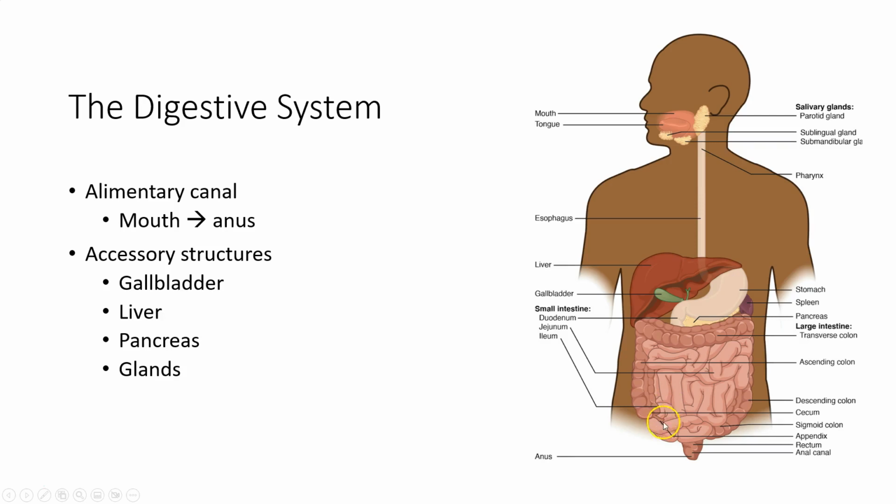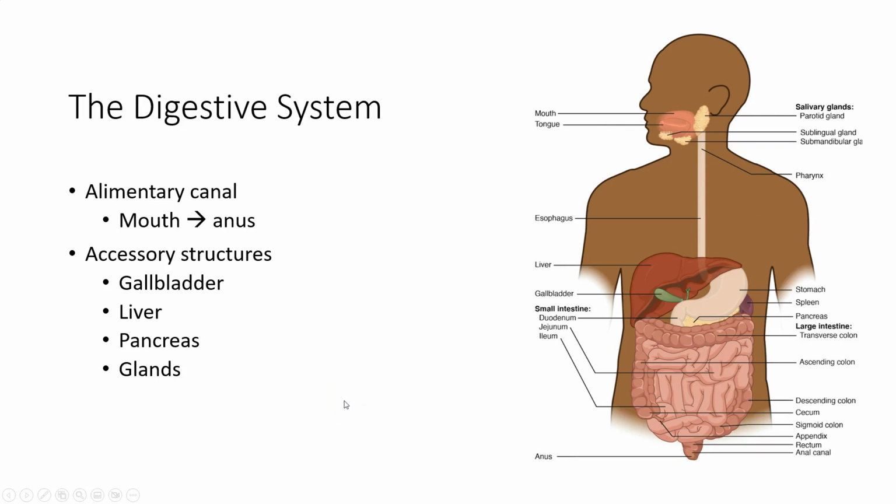The small intestine then moves into the large intestine, where you have the ascending colon, the transverse colon, and the descending colon. The colon then enters into the rectum, down the anal canal, and finally to the anus. Note that this alimentary canal is considered to be external to the body.